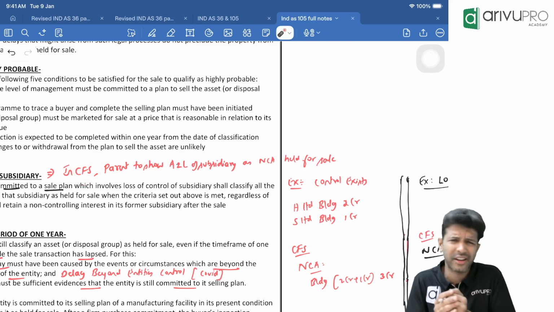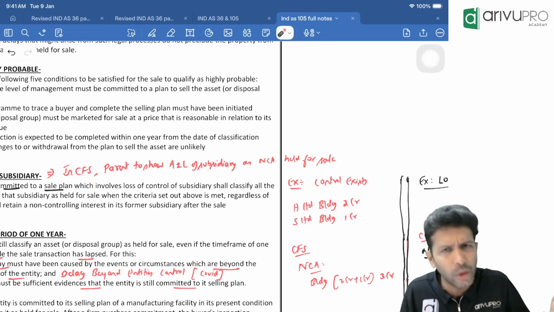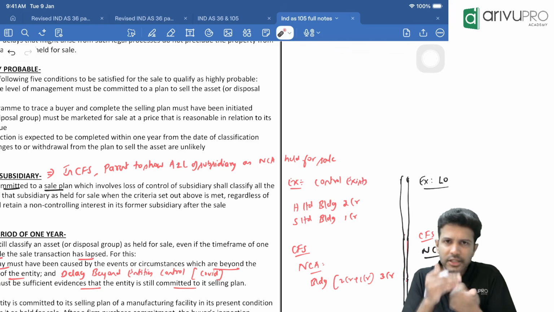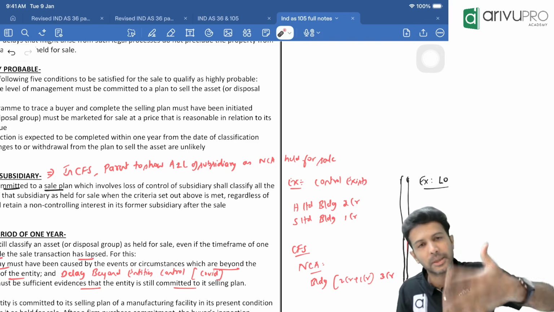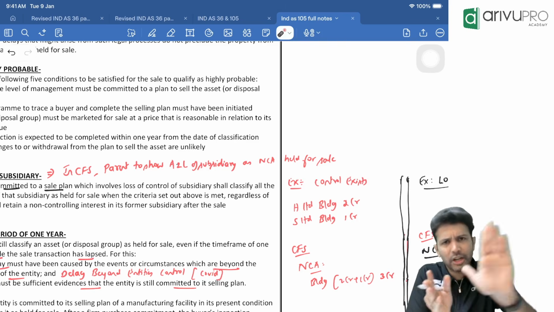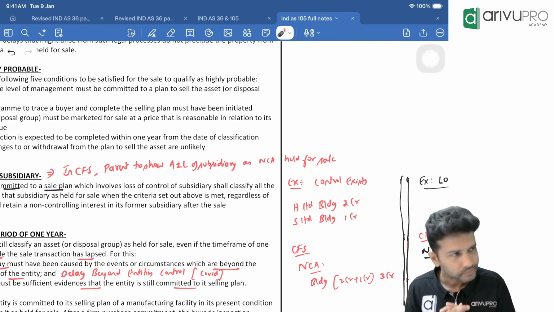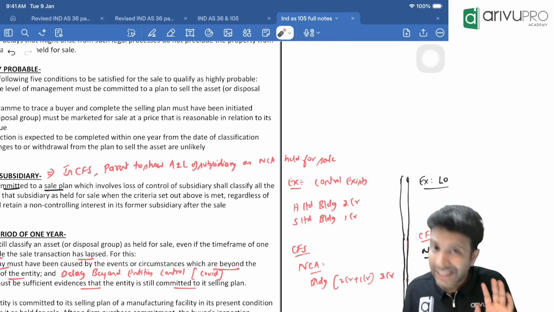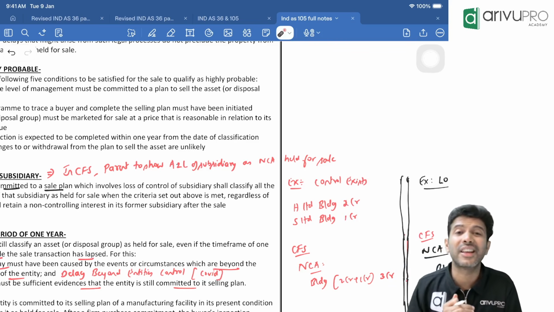Yes, no, consolidated financial statements we have done in AS 21. At least the basic framework we know, correct? In CFS, the parent's assets and liabilities as well as the subsidiary's assets and liabilities will be shown. You will add it up and show, correct? That's what consolidation in simple language means. Okay. Now, let's say the parent has an intention to sell subsidiary shares.